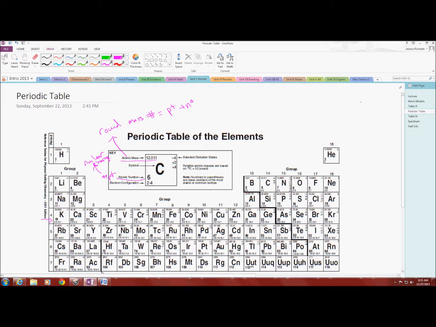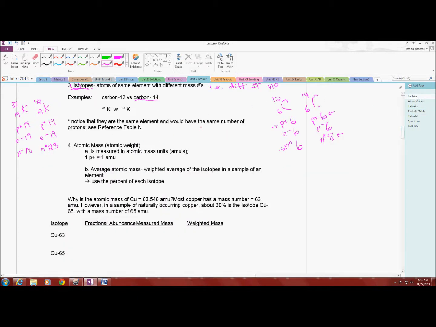They are decimals, but protons have a mass of 1 and neutrons have a mass of 1, and you can't have a quarter or a third or a half or a fraction of a proton or a neutron. So the mass numbers are always whole numbers. So why then on our periodic table do we have decimals for their mass? And that's because the atomic mass is a weighted average. It's a weighted average, and it's based on the percent of these isotopes that exist in nature.